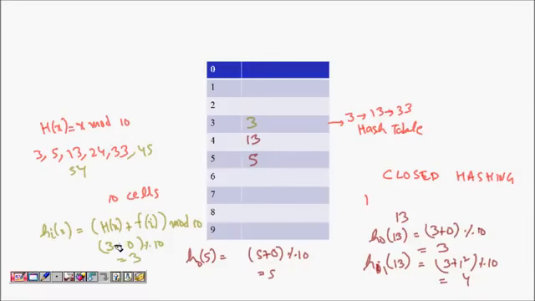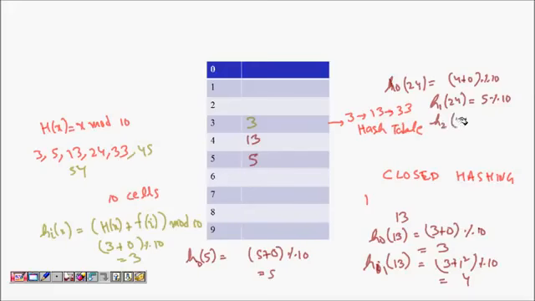Next we have 24. h_0 of 24 will be 4 plus 0 modulo 10, so it is 4, but 4 is already occupied. h_1 of 24 will be 4 plus 1 square, so 5 modulo 10, and 5 is also occupied, so another collision.